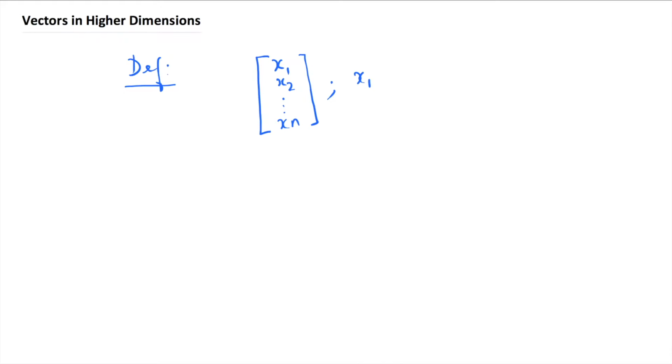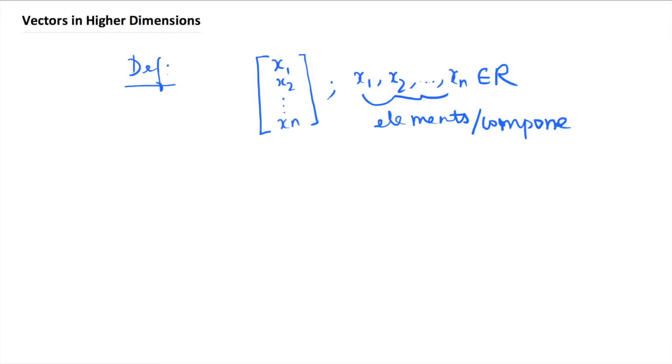Here x1, x2, dot dot dot xn belong to the real number set, and they are also known as the elements or the components of the vector.